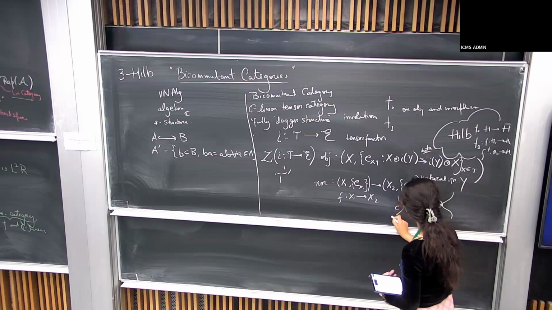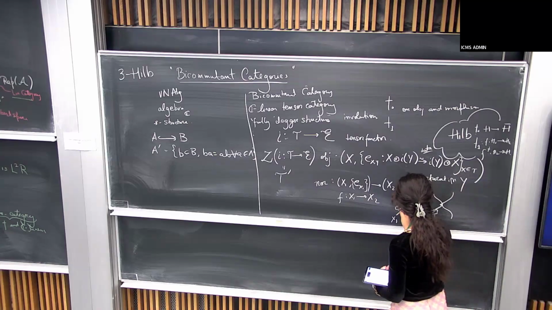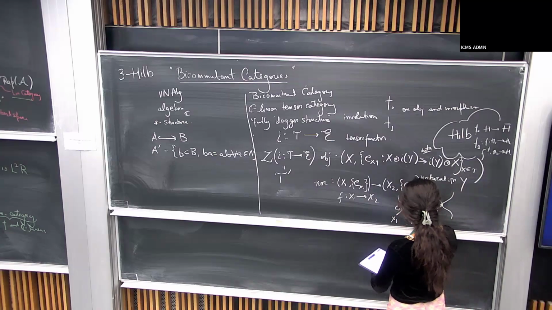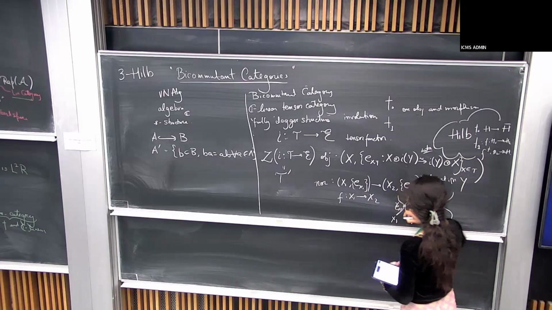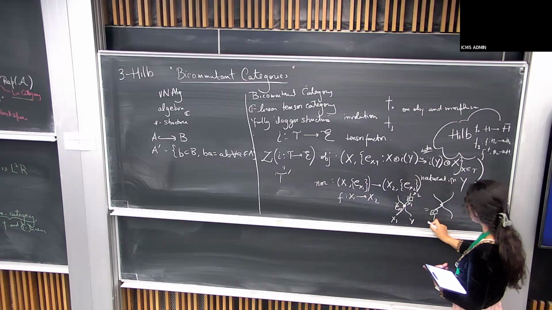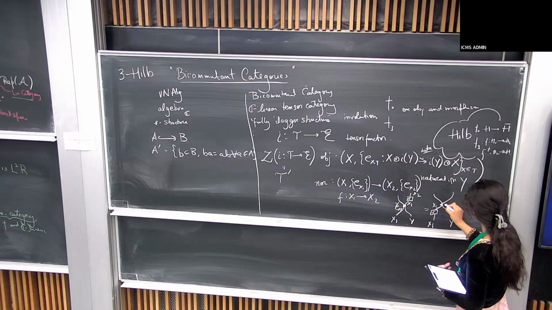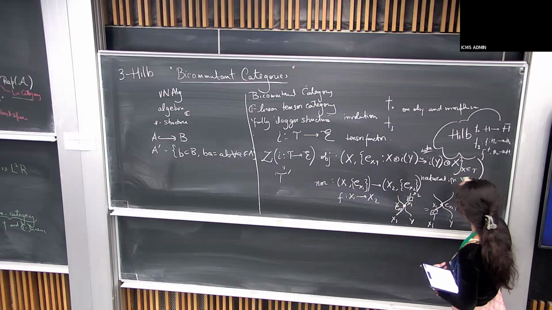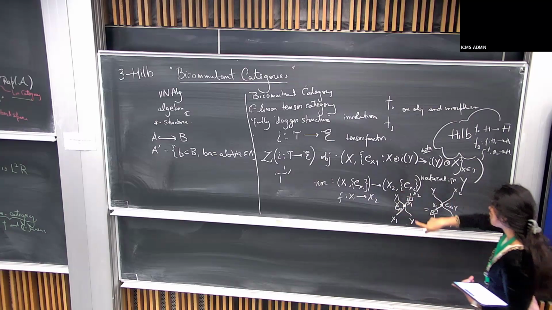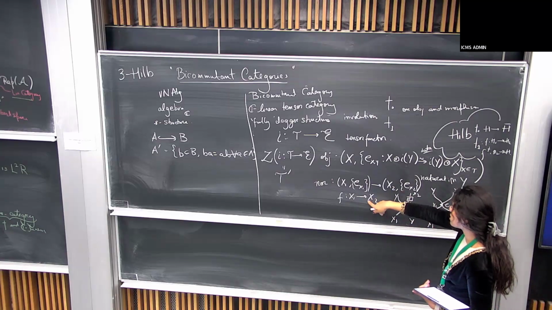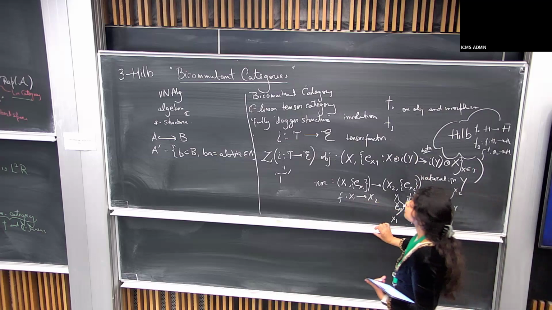So maybe I should put some labels: X1, Y, this was e_{X,Y}. And now I have X1, Y, and this is X2. So f was a map between X1 and X2. Now I can first do f from X1 to X2, and then do the braiding with X2, and then get Y here and X2 here. So this is just checking whether this is a good morphism or not. This is the data of the morphism. So this is the relative center with respect to a functor.